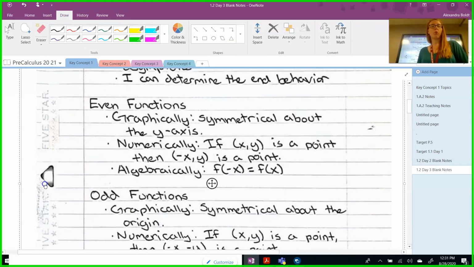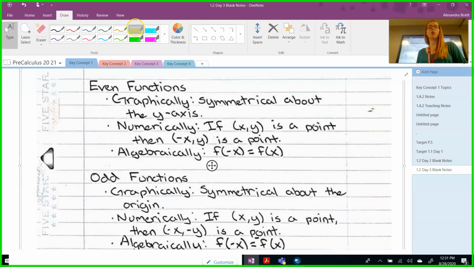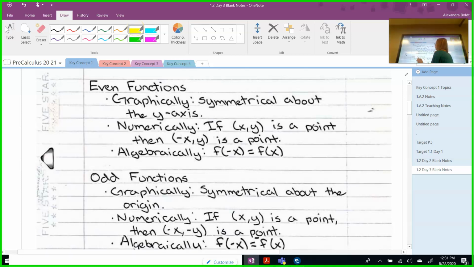Okay, so even functions. How do we know a function is even? There's 3 ways. We can do it graphically, and if it's even, then it's symmetrical about the y-axis. So it's like a little flipped over thing, and we'll look at some examples of that.